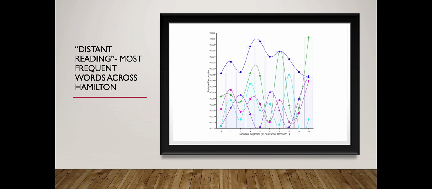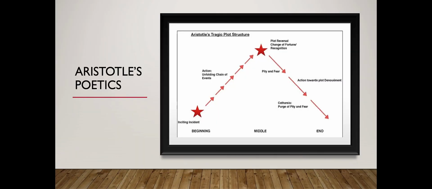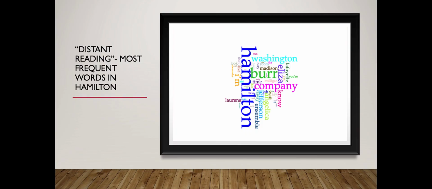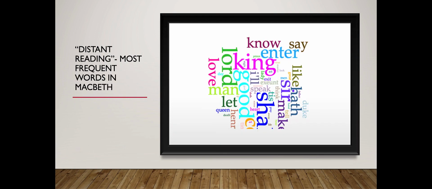But again, you can look at the term Hamilton and you can kind of look at that graph and go back to the Aristotle and be like, the way that Hamilton's used is very similar to that graph. Is it a tragic story or not? Right? So this is where, if you're really abstract out of the text, you can kind of say anything about it.